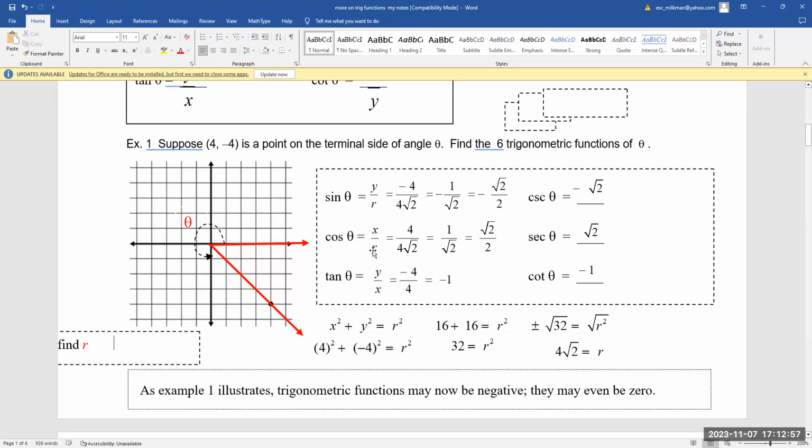My angle theta, by the way, for those of you who calculated it, was 315 degrees. How did we get that? How did you reason that? Most of you actually ended up drawing a right triangle here, which this was 4 and this was 4. And you then realized it was an isosceles right triangle.